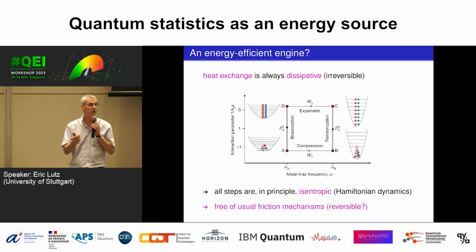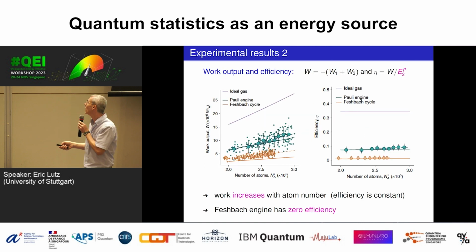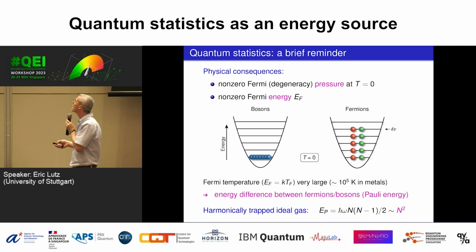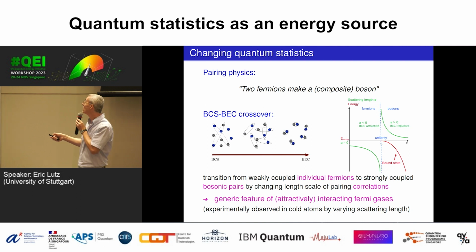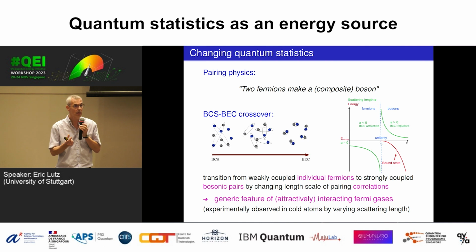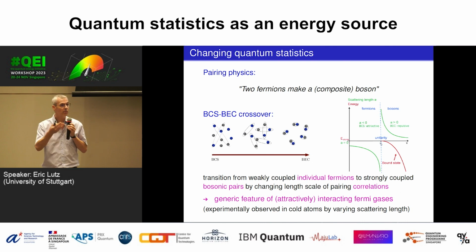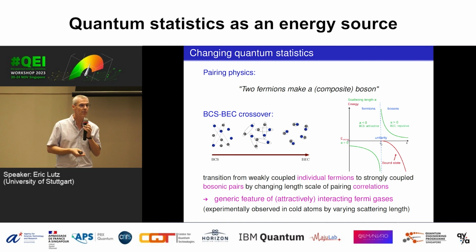So what you see here, to have this BCS-BEC transition, you need to be able to change the distance between two atoms in the molecule. That's right. So there are two ways of doing that, actually. Either you play with the scattering length, and then you apply some external magnetic field, you play this Feshbach resonance trick, or you make your gas more dilute.